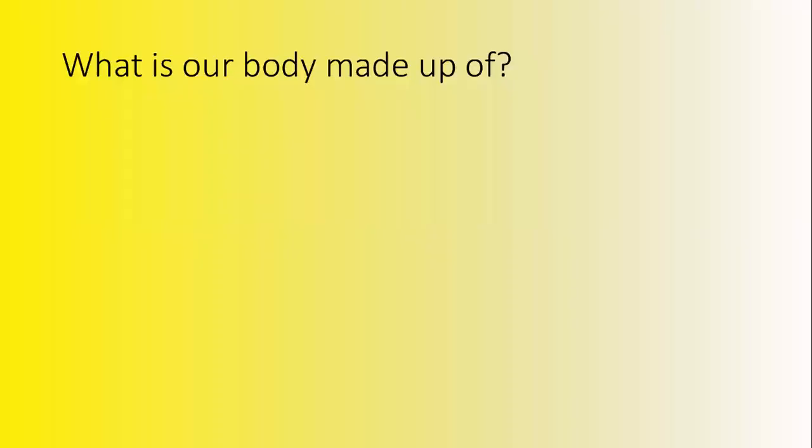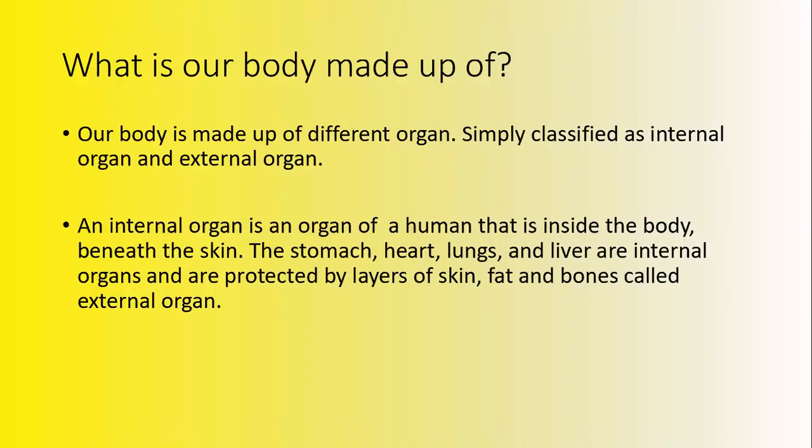Before going into detail of the plant cell, you studied what our body is made up of. It is made up of cells. It is made up of bones, heart, lungs, different parts.